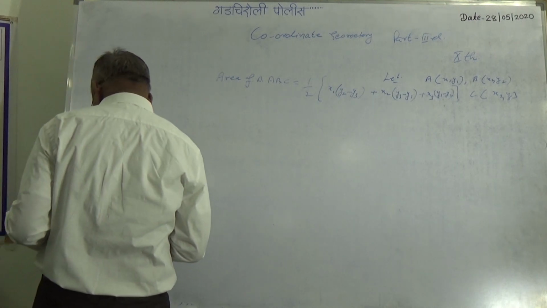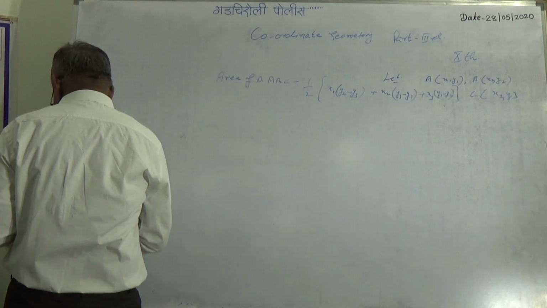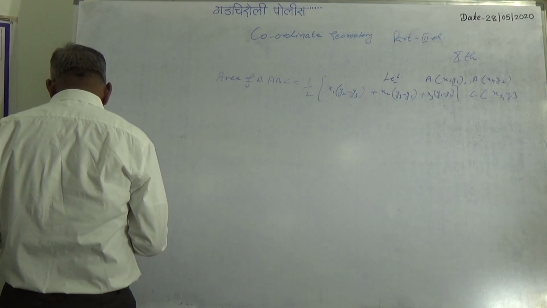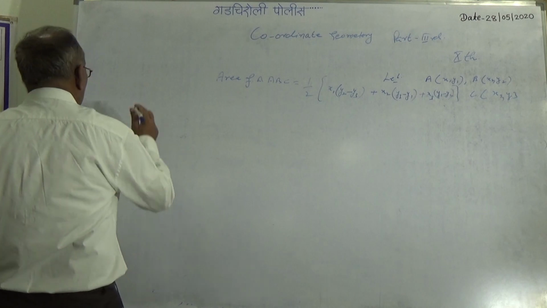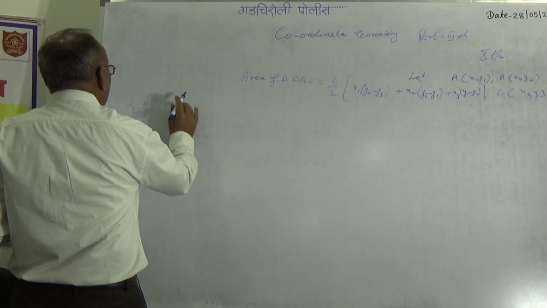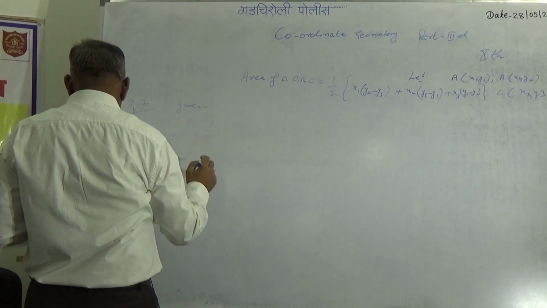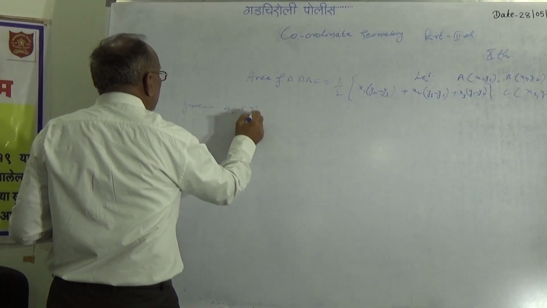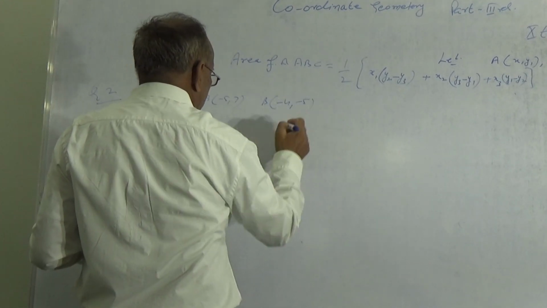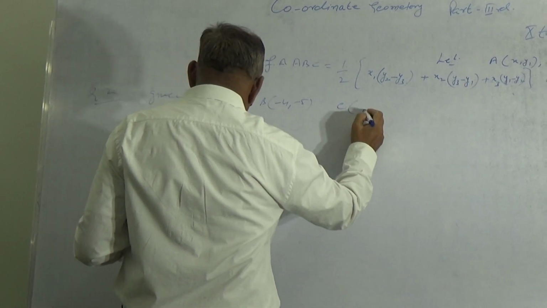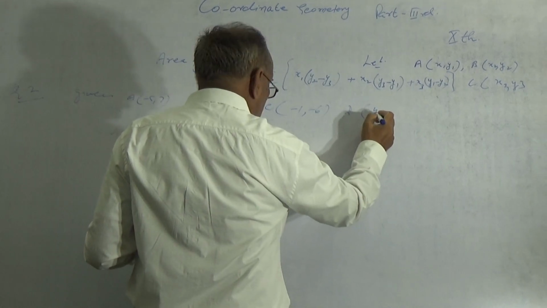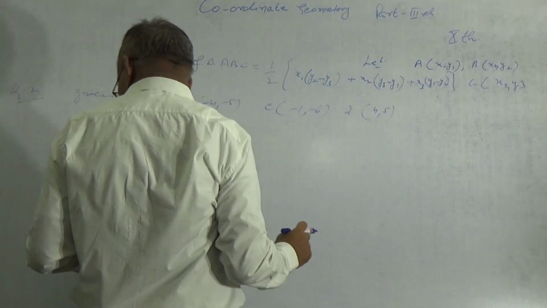Question 2, we have given A minus 5 7, B minus 4 minus 5, C minus 1 minus 6, D 4 5 are the vertices.